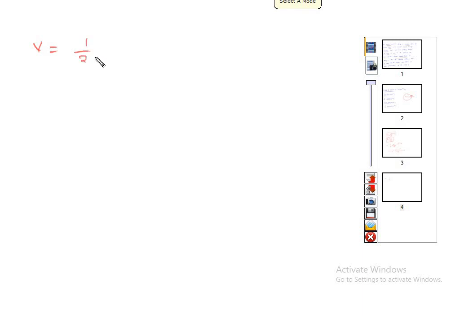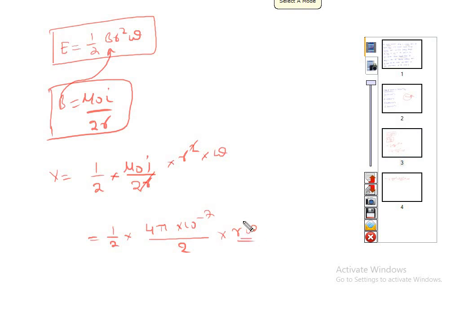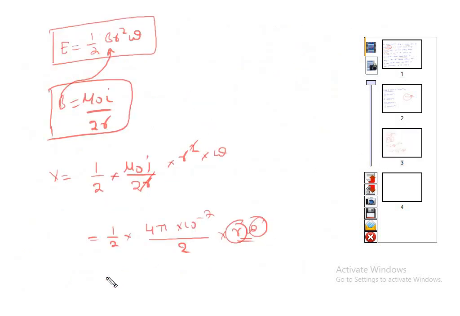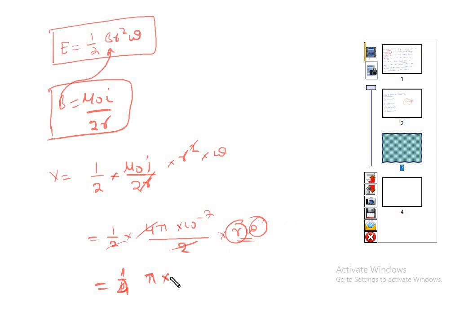If you substitute R as 20 centimeters and omega as 120, these are the two conditions he has given, it will be 1 by 4, pi into 20 into 120 into 10 to the power of minus 7.